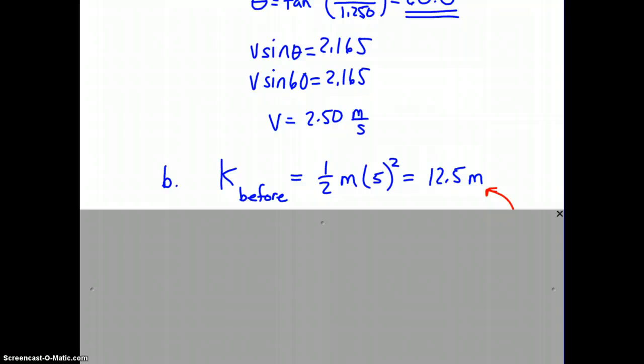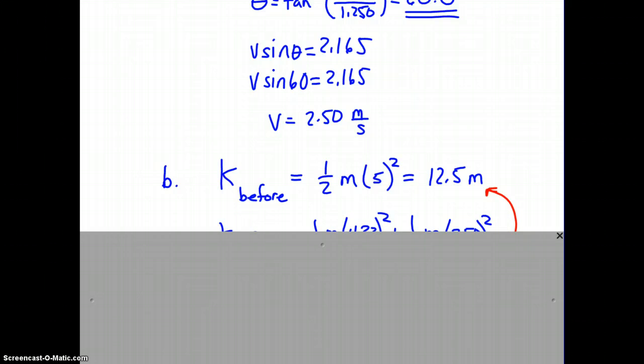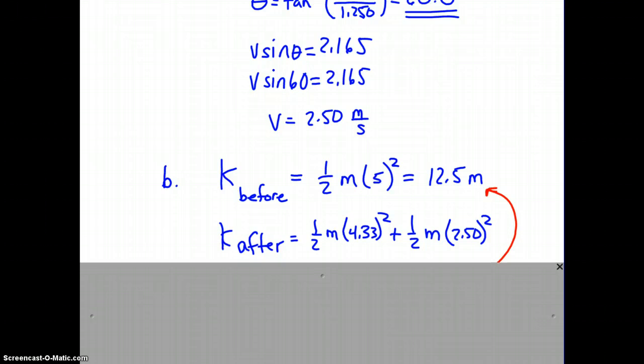So we go ahead and set up a K before equation, 1/2 m 5 squared, and simplifying the numbers, 5 squared is 25, half of that is 12.5, so we end up with 12.5 m. We now go ahead and set up a K after equation, which would be 1/2 m 4.33 squared plus 1/2 m 2.50 squared.